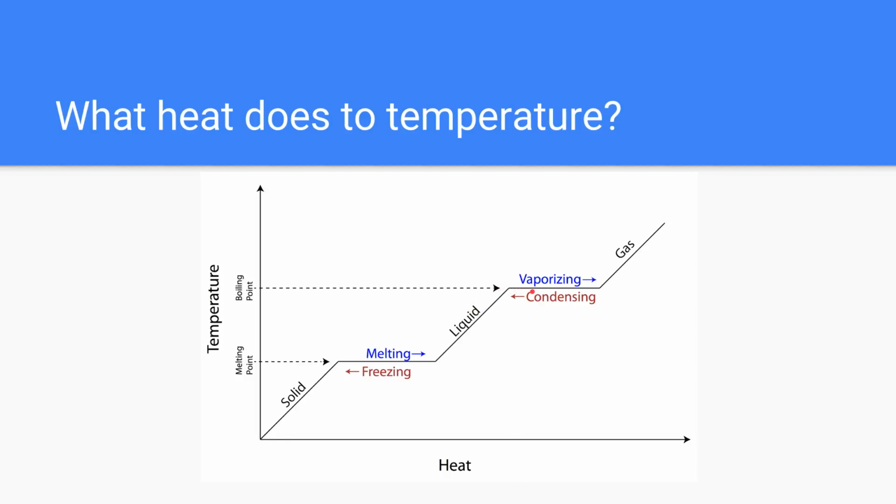As it's vaporizing, yet again, the temperature will not change. When a substance is undergoing any phase change, the temperature will not change. Eventually, it will be completely done vaporizing, and then it will be fully a gas.